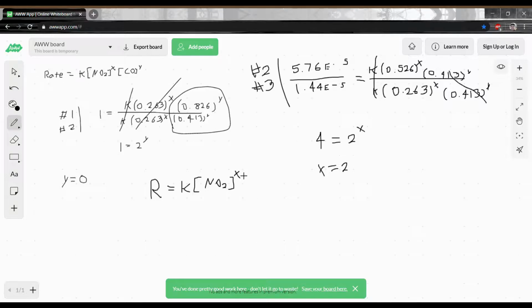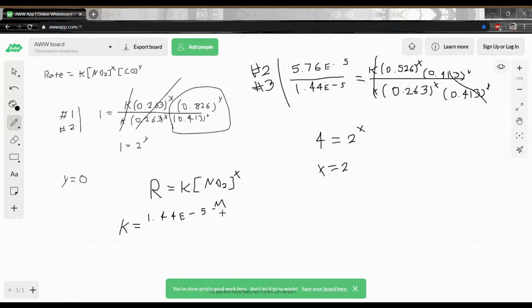Now that we have this equation and the order of the equation, we can use any of our trials, let's say trial 1, to calculate for K like we have been doing. So if we understand K as equal to R over this quantity here, we're just going to go ahead and skip some steps and write K as the rate of the reaction, 1.44 e to the negative fifth.